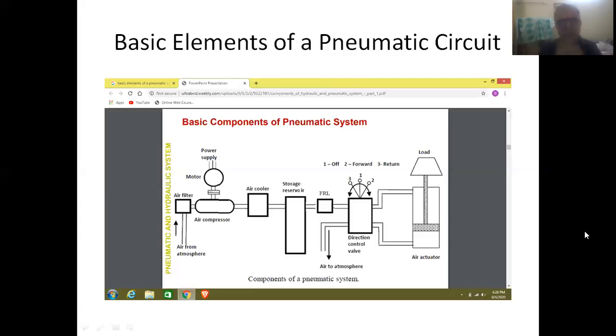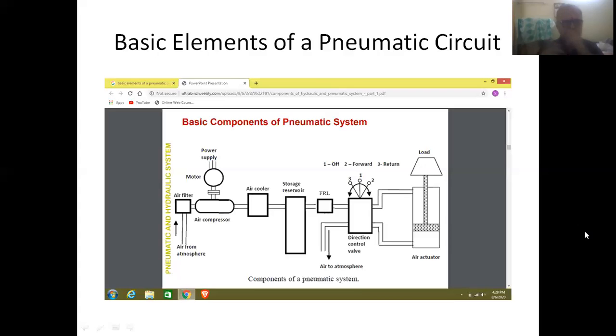Therefore, with these connections and these positions of the DC valve, we will be in a position to operate the piston in forward and backward directions. As already informed just now, the first position is used for the forward stroke and the second position for the return stroke of the piston.